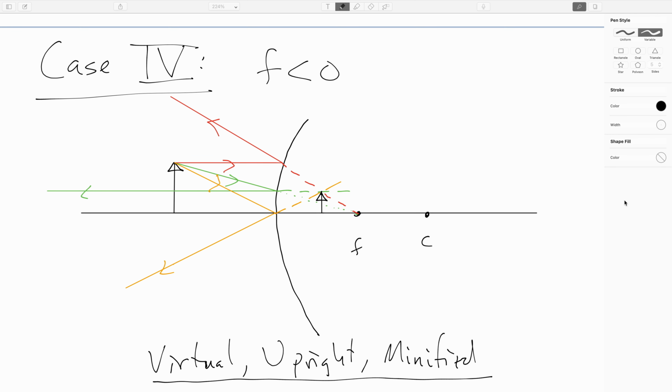In other words, because the image is small, your brain doesn't perceive it as like a tiny little matchbox car a few centimeters behind the mirror. Instead, it says, oh, this is a regular car, but because it's so tiny, it must be really far away.